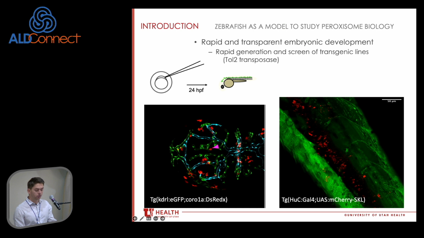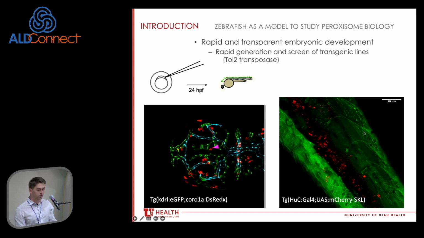We also have many molecular biology tools enabling rapid and efficient generation of transgenic zebrafish for the expression of fluorescent reporters in specific tissues, such as in endothelial cells and also in microglia or macrophages, as here. In that regard, we also generated transgenic fish expressing a red fluorescent protein with a conserved peroxisomal targeting signal, similarly to what has been done in Cholan's lab.